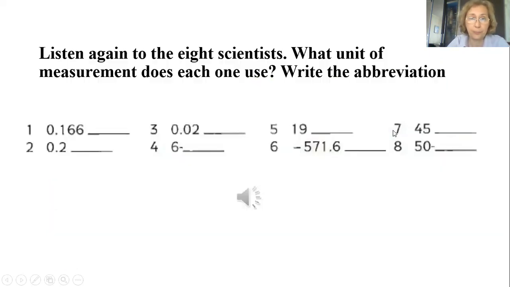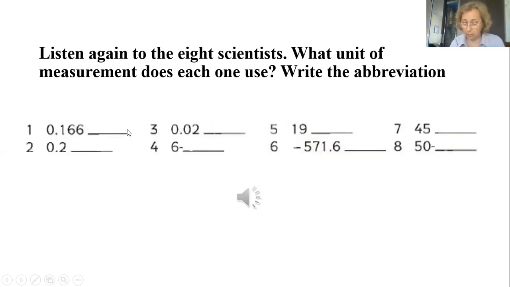Okay, good. And let us listen again to the scientists. On the first slide, we were choosing between 3 options, and the question is, what unit of measurement does each of the scientists use? And we should write the abbreviation.